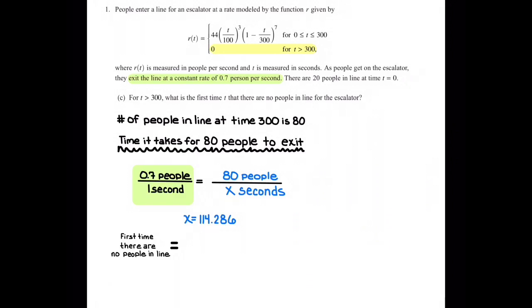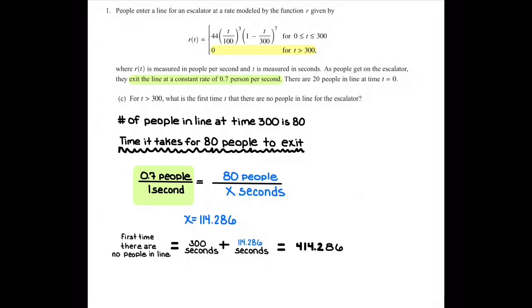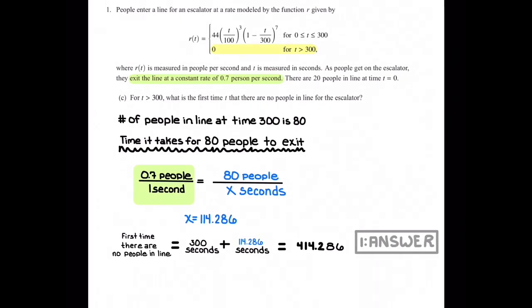It took 300 seconds for there to be 80 people in line and another 114.286 seconds for those 80 people to exit. Therefore, the first time there are no people in line is at 414.286 seconds. Part C was worth just 1 point for the answer.